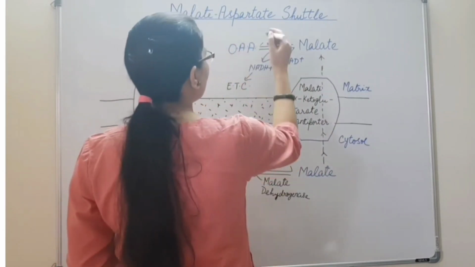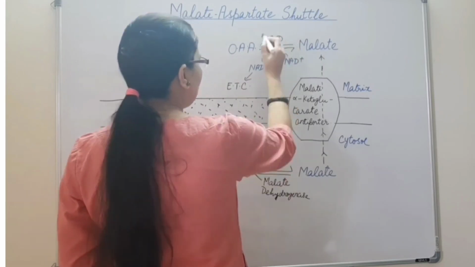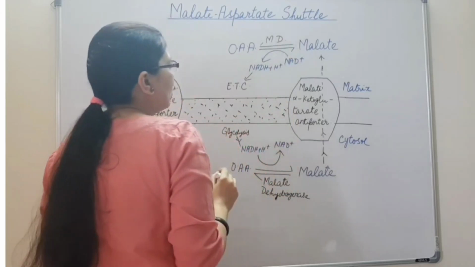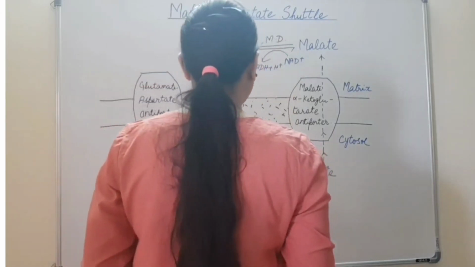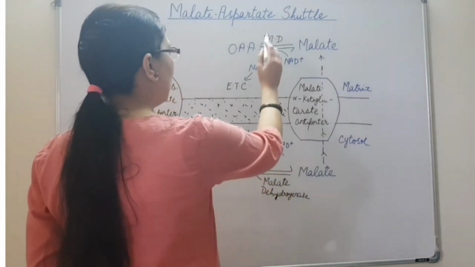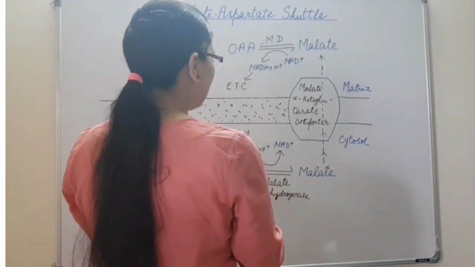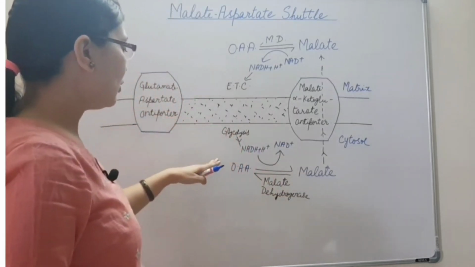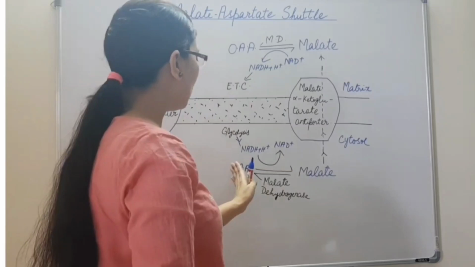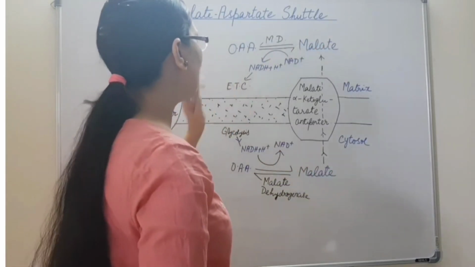This reaction is also catalyzed by the malate dehydrogenase. This enzyme is present in the matrix, so it is known as the mitochondrial malate dehydrogenase. So here we see cytosolic malate dehydrogenase and mitochondrial malate dehydrogenase catalyze the reaction in opposite directions, that is in the cytosol from oxaloacetate to malate and in matrix from malate to oxaloacetate.